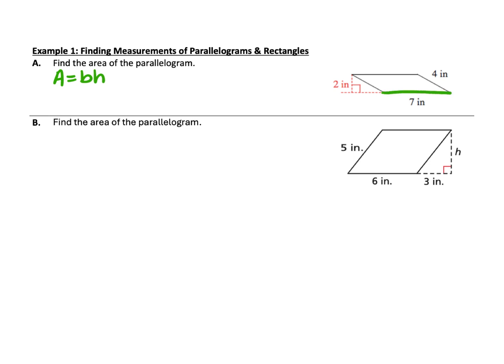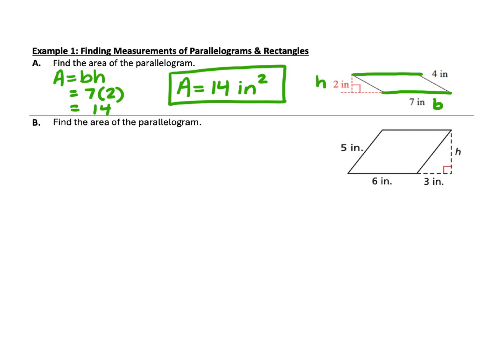So the 7 right here is going to be our base, and the height is going to be 2 because that 2 inches there is the distance between the two bases that I outlined in green. So we're just going to take 7 times 2, and that is equal to 14. So the area of the parallelogram would be 14 square inches. Remember that area is always a unit squared.